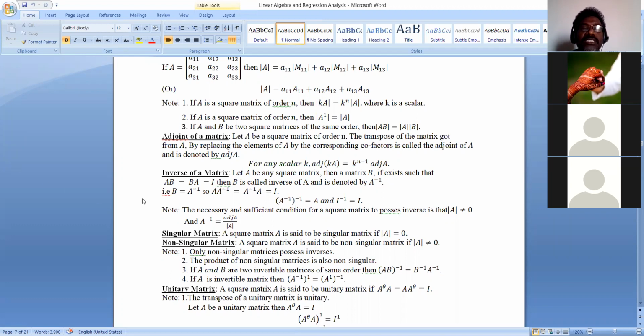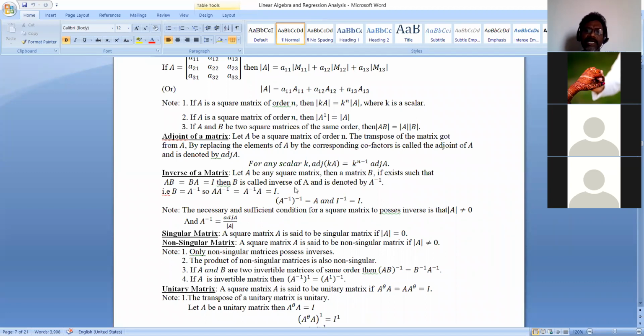Next, we want to discuss the inverse of a matrix. Let A be any square matrix. Then there exists another square matrix B of the same order such that AB equals BA equals I, the identity matrix. Post-multiplication and pre-multiplication both exist and are equal to identity.